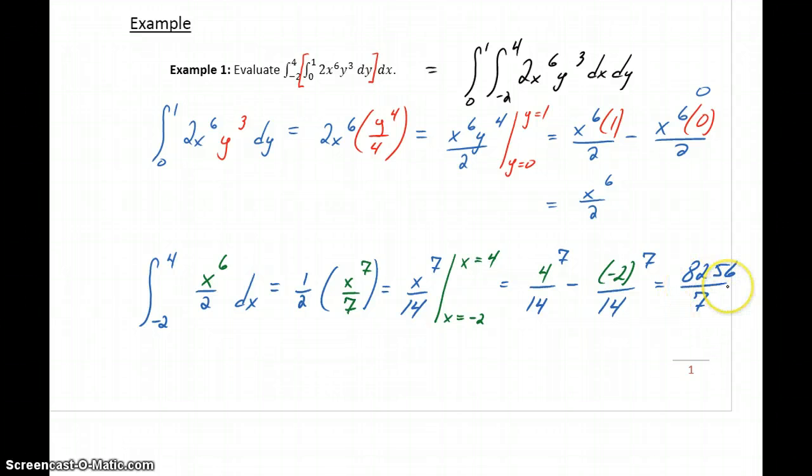So kind of a weird result there, but the basic process for this second integral is exactly the same as integral problems that we considered with just a single independent variable.